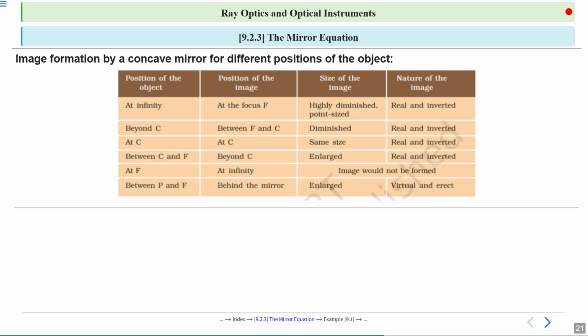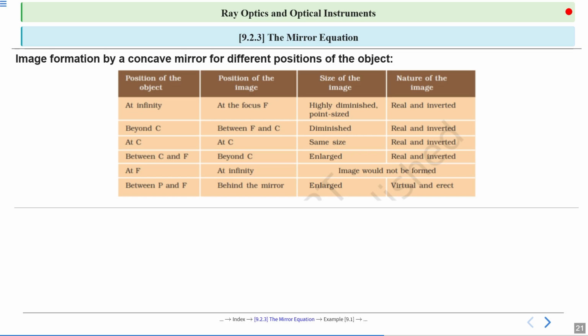When we place the object at C, the image is also at C, and the size is the same, meaning magnification is 1, and the image is real and inverted again. This is for the concave mirror, so there are 6 cases. When the object is between C and F, the image is beyond C, enlarged, real and inverted.